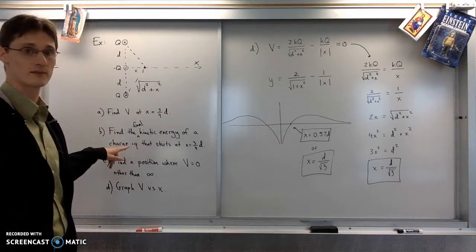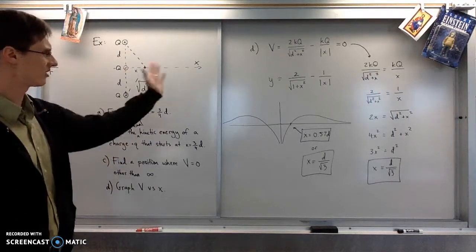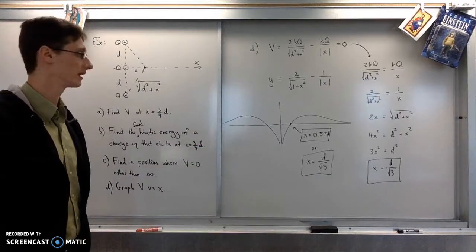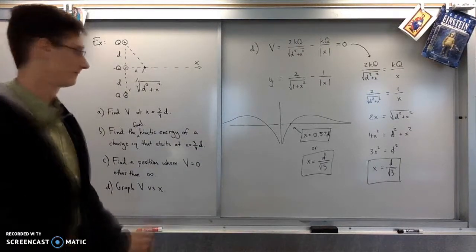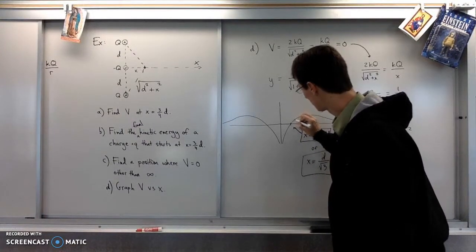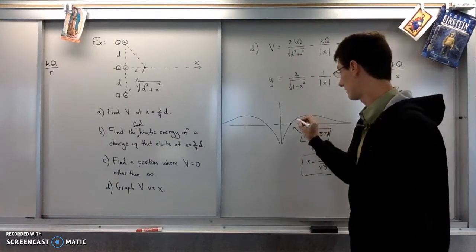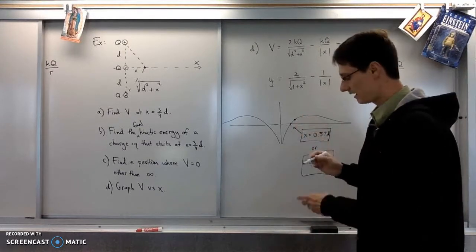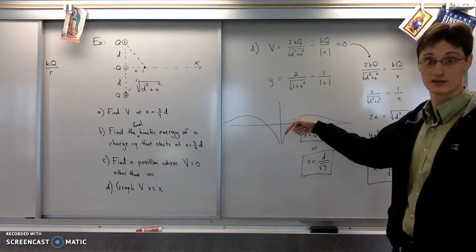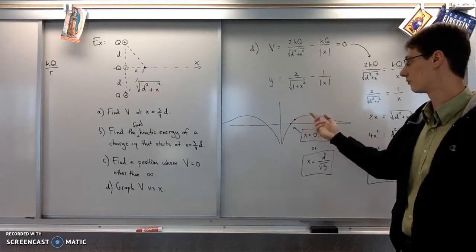The way that we talked about it in part B was, yeah, it'll go all the way to infinity. Well, that's not necessarily true. If 3/4 d is like here, which it probably is, that point is on a part of this curve that has a positive slope.